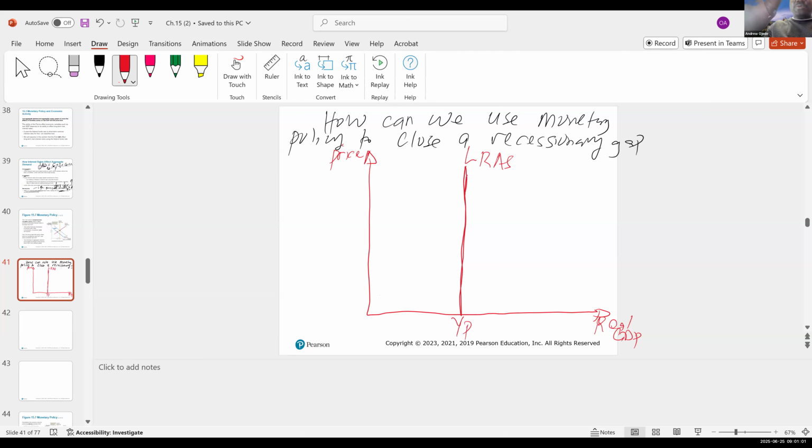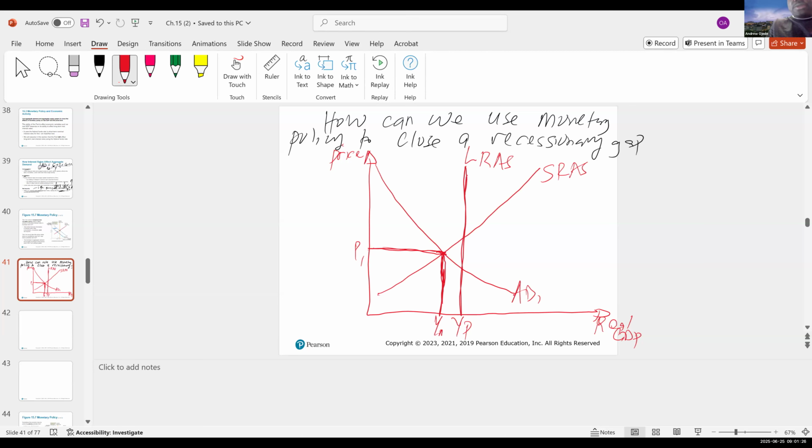A recessionary gap is when the intersection between the short run aggregate supply curve and aggregate demand happens at a point which is not on the long run curve. See, this intersection between short run aggregate supply and aggregate demand is happening here. That means the economy is going to produce this, the actual output is less than what? Full employment.